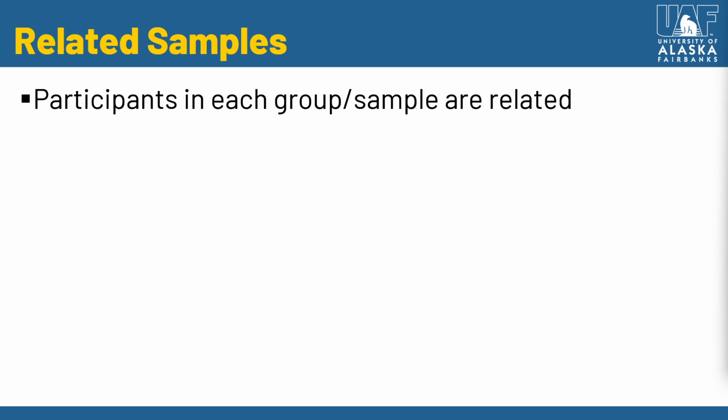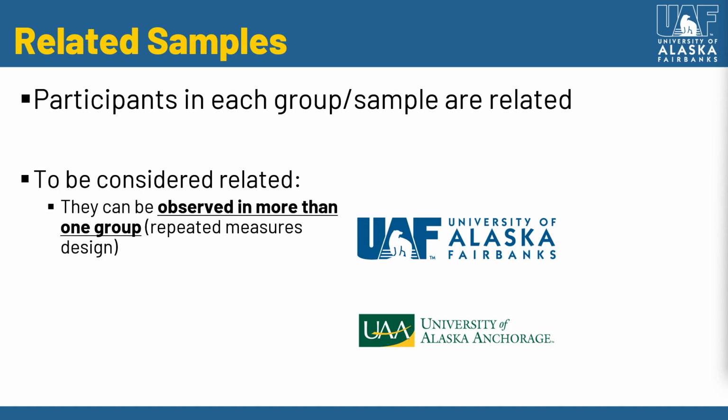And then in related samples, intuitively, the participants in each group are related. Not like family related, right? Rather just related in a generic, broad sense. There is some sort of shared relationship there. So, for example, participants could be observed in more than one group, what we'd call a repeated measures design, which we'll elaborate on further.